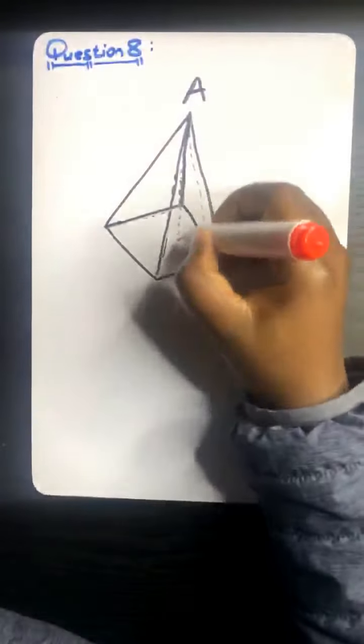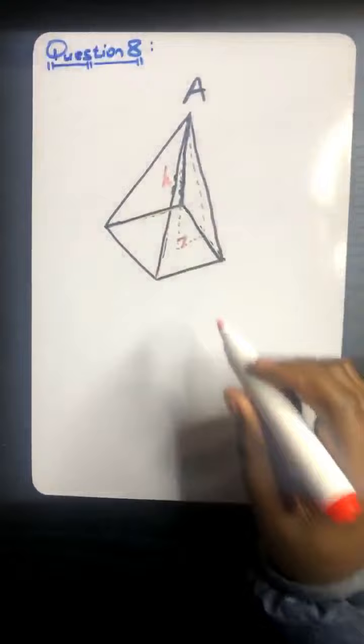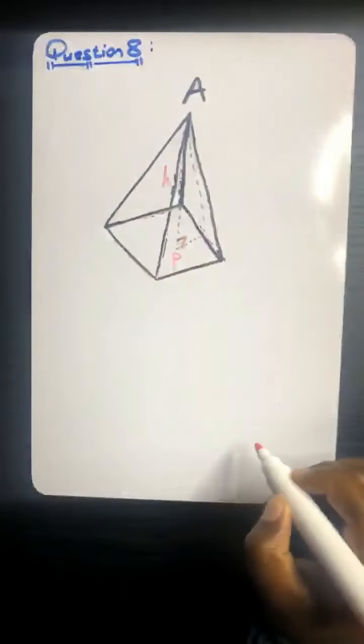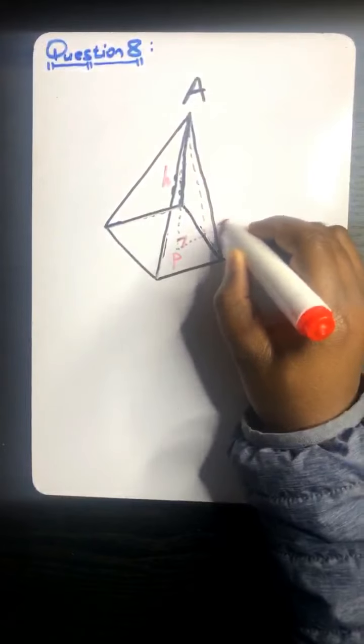So that vertical one they said is H, and then this point they said is P, and then there, they are saying is point T.